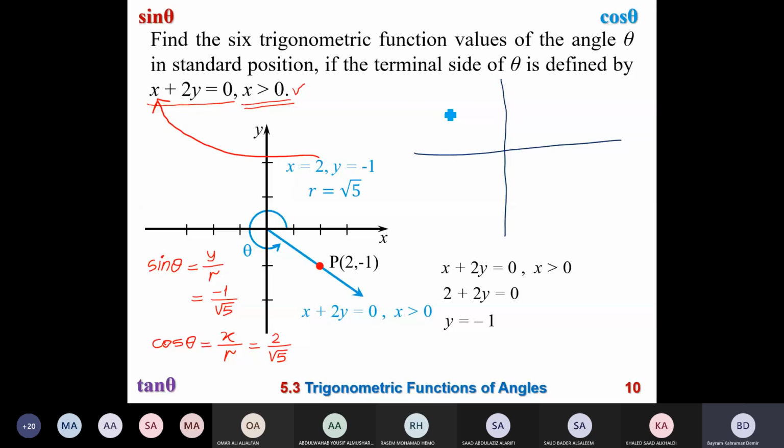It's a decreasing graph, and it's going to pass through the origin, Shabab. How do I know it has to pass through the origin? Because it's an equation of a line through the angle, and it's equal to 0.